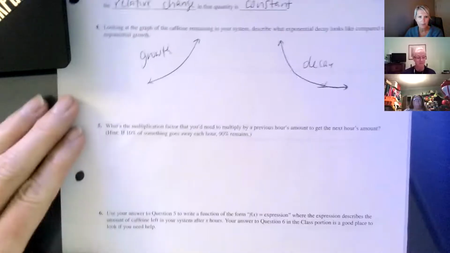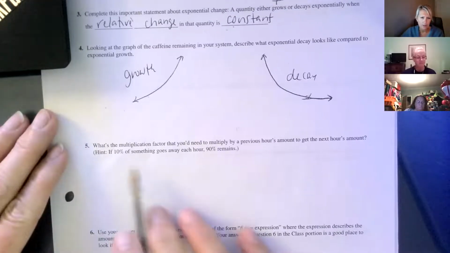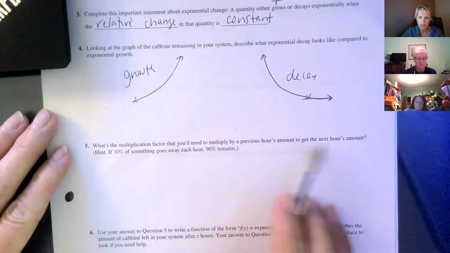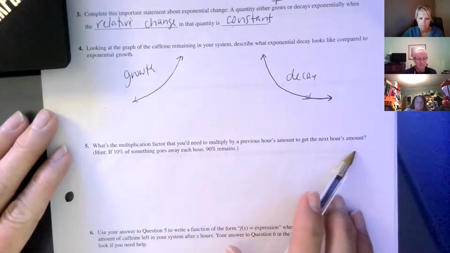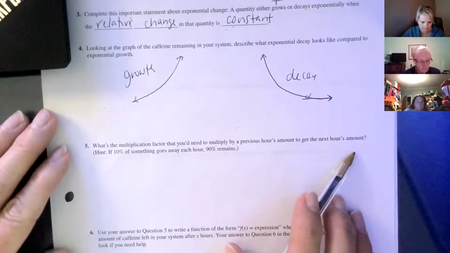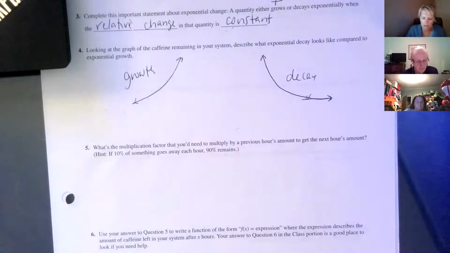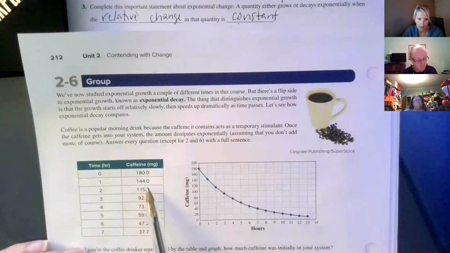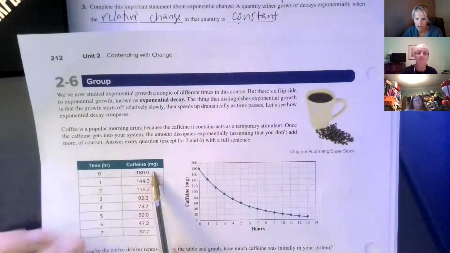Yep. So number 5 says, what's the multiplication factor that you'd need to multiply by the previous hour's amount to get the next hour's amount? To do that, we learned that we could take a value and divide by the previous value to find that.